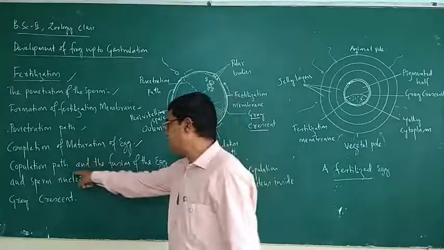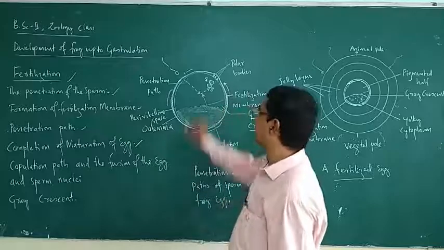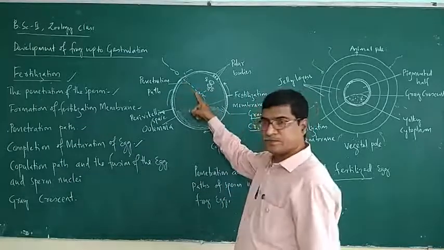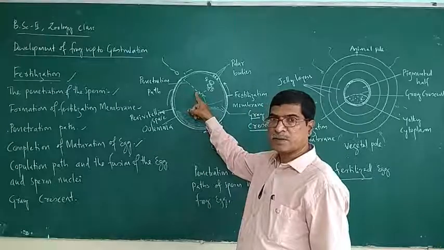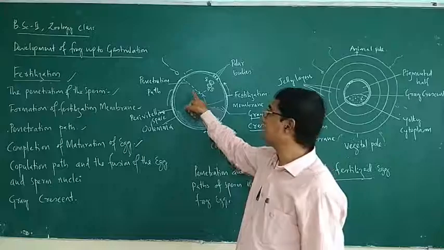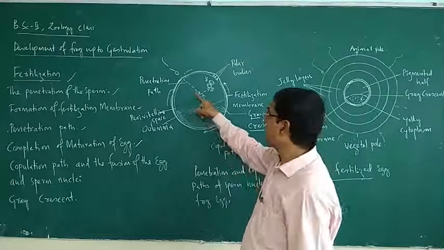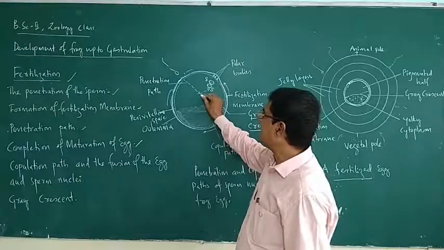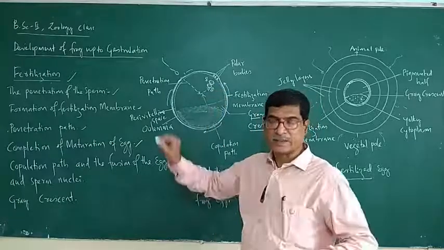Next, copulation part and the fusion of the egg. Now this is called the penetration part. Sperm is penetrating. The sperm has only the sperm head and middle piece. After entering to some extent into the ovum, it takes a turn.